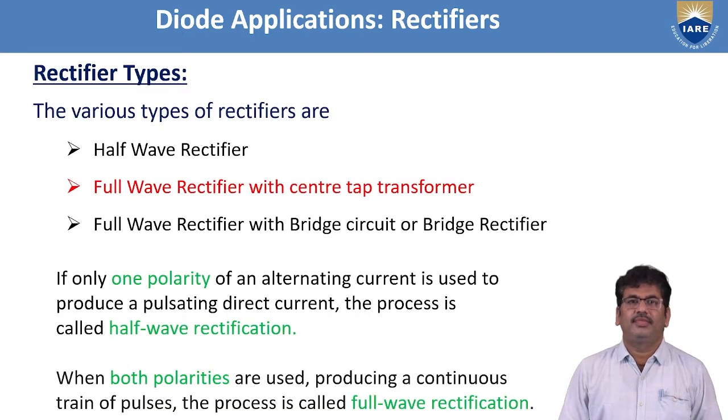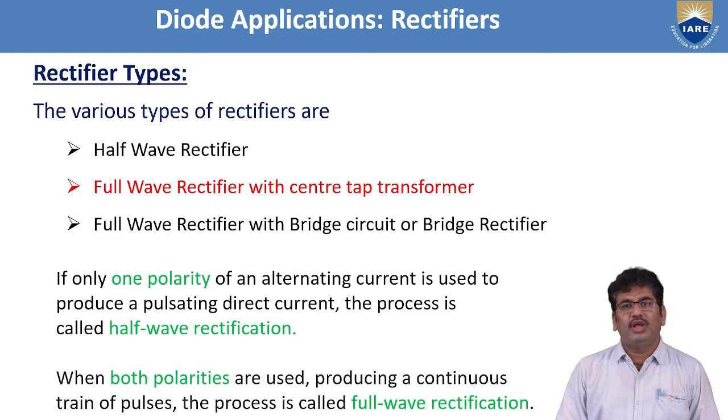Rectifier types. The various types of rectifiers are half-wave rectifier, full-wave rectifier with center tap transformer, and full wave rectifier with bridge circuit, or simply bridge rectifier. If only one polarity of an alternating current is used to produce a pulsating direct current, the process is called half-wave rectification.